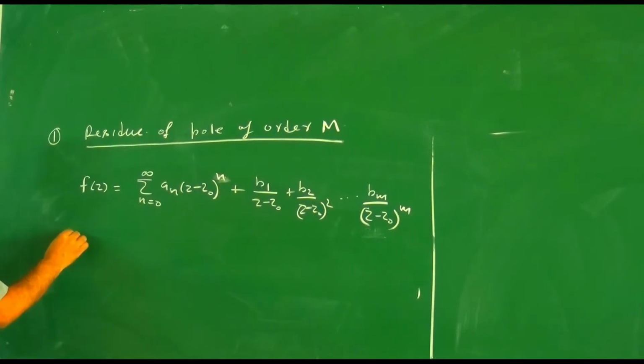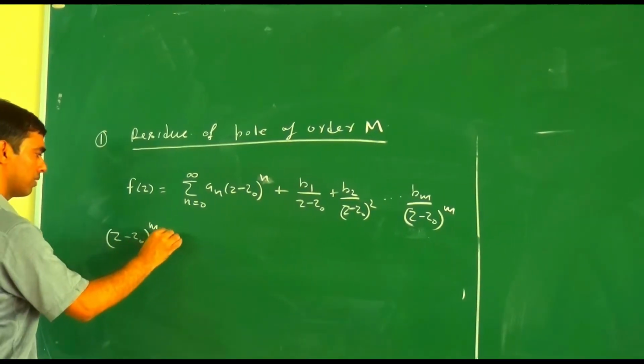So we multiply (z minus z0) to the power m on both sides.